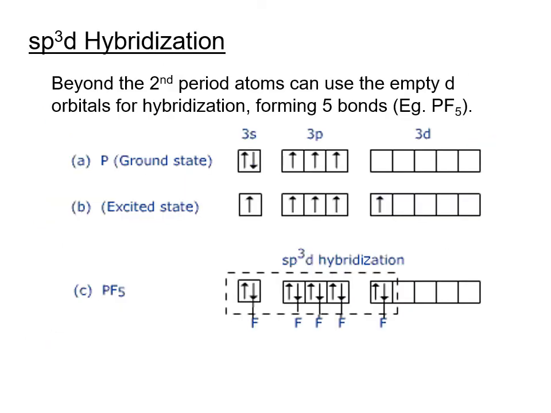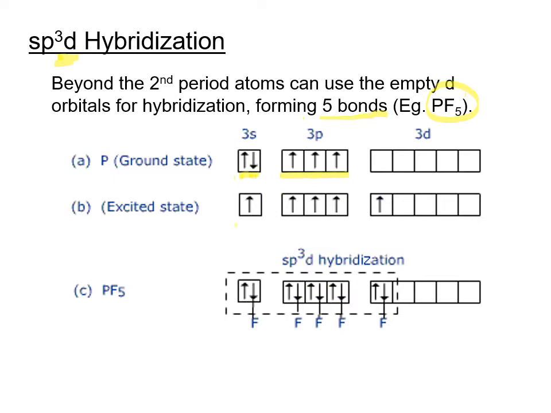There's also sp3d hybridization, where we're bringing in a d subshell. And so where we have 5 bonds forming, like phosphorus pentafluoride, we're going to need 5 half-filled orbitals. So if we look at phosphorus in its ground state, we've got a lone pair and we've got 3 bonded pairs. So this explains why phosphorus often forms 3 bonds.